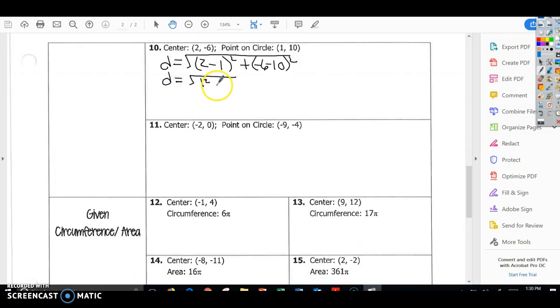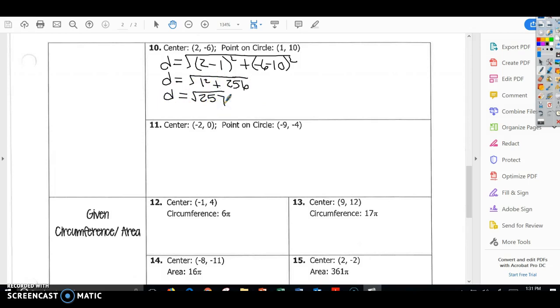And then plus I have not negative 6 minus 10, which is negative 16, and negative 16 squared becomes a positive number because any number squared is positive. So negative 16 squared would be positive 256. 1 squared is 1. 256 plus 1 is 257.